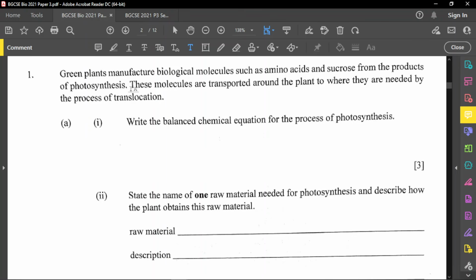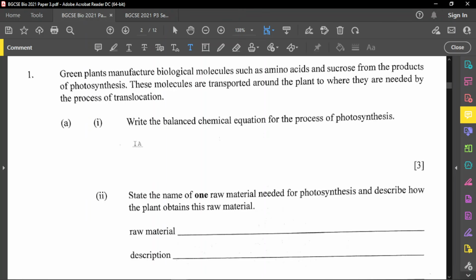And organic compound means that the compound has carbon and hydrogen inside of them, all right? Again, a point to note that the process by moving plant food and also nutrients around the plant is by the process of translocation. All right, so movement of amino acids and sucrose is by translocation.